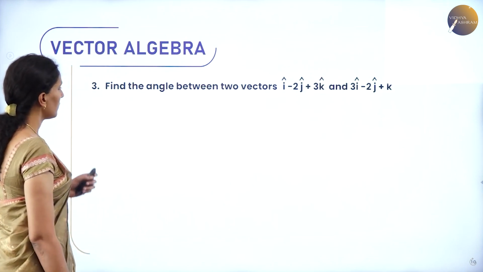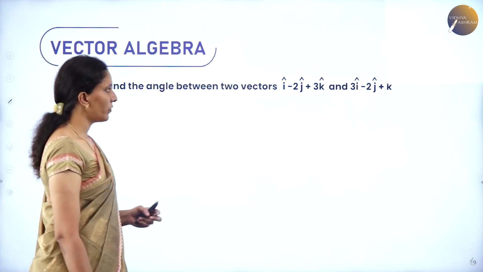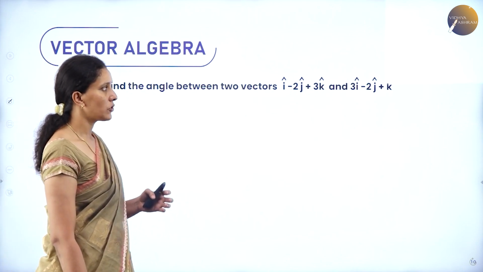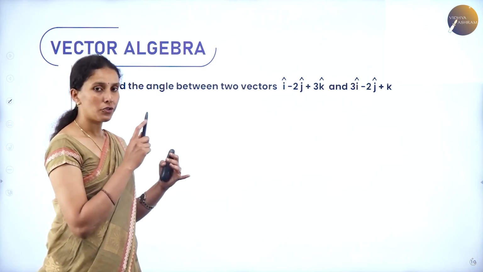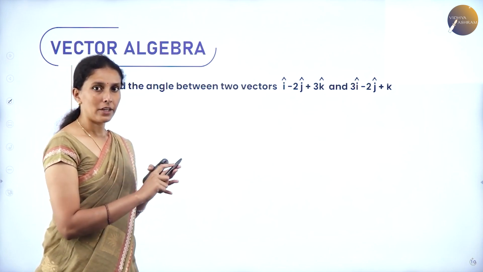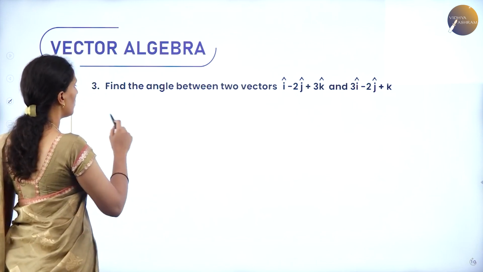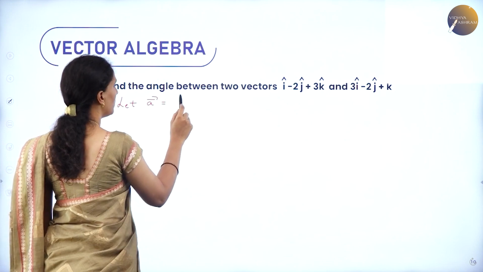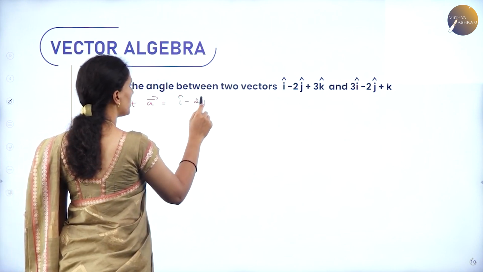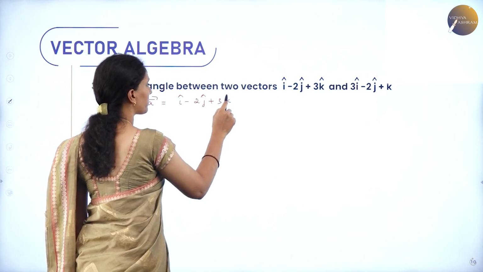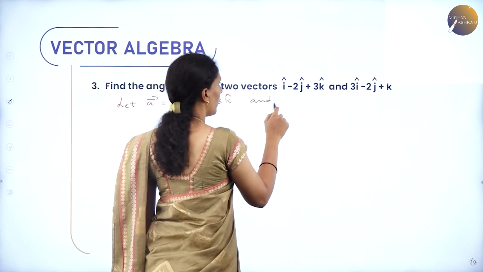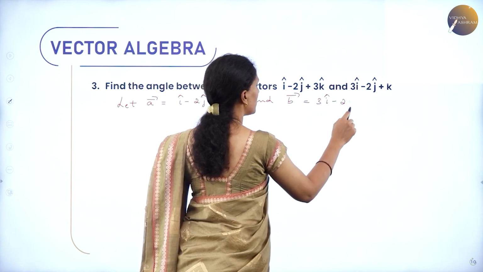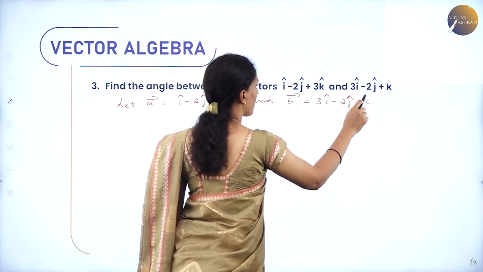Next, find the angle between the two vectors i minus 2j plus 3k and 3i minus 2j plus k. Here we need to find the dot product and their magnitudes to find cos theta. Let vector A be i minus 2j plus 3k and vector B be 3i minus 2j plus k.